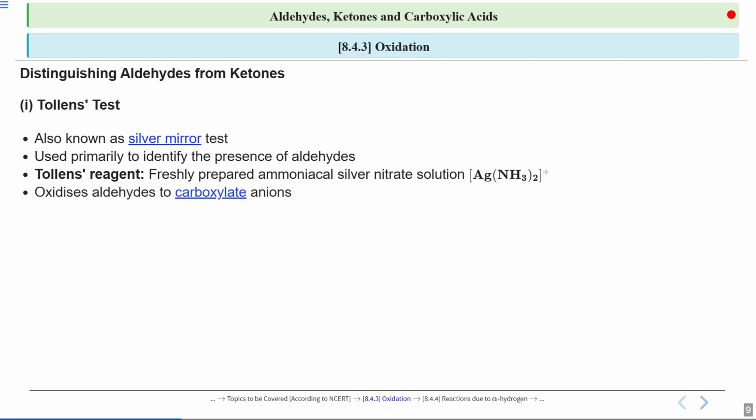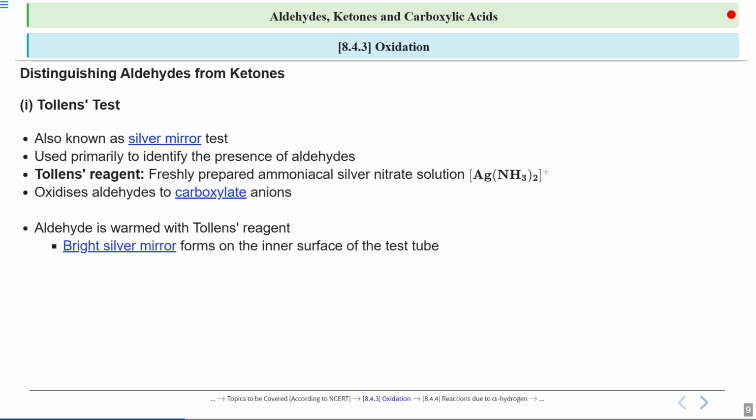In this test, the aldehydes are oxidized to form carboxylate anions. We will see this in the reaction: aldehydes are oxidized to carboxylate anions. Now to perform this test, the aldehyde is warmed with Tollens reagent.